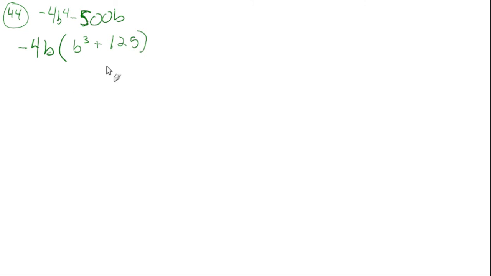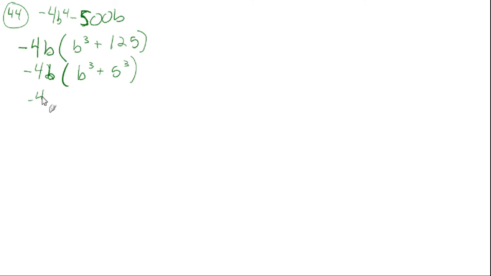Okay. And since it's 2 terms long, and this is a cube, I'm thinking probably sum of 2 cubes. And let's see if we can write it that way. Can we write it as b cubed plus something else cubed? Yeah, it's 5 cubed.